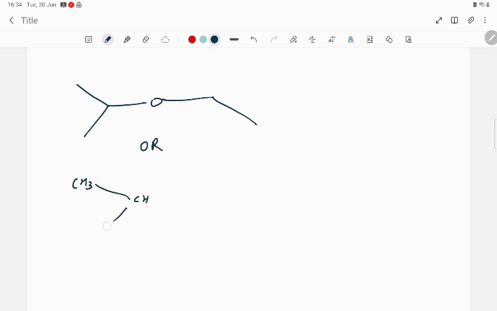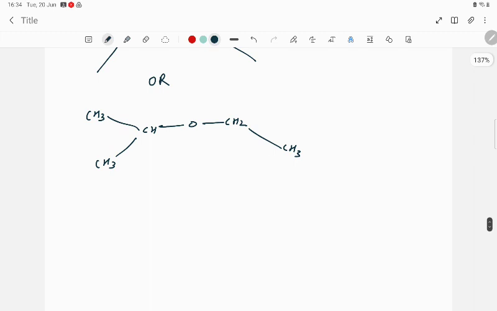Now let us go with some more examples. We will try to see the common name as well as the IUPAC name. This is a compound with O, or you can also write CH3, CH, CH3, O, CH2, CH3.